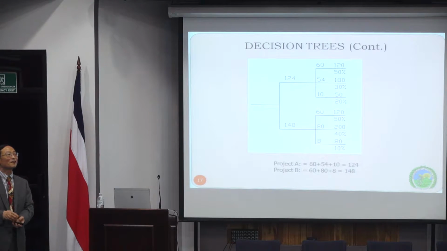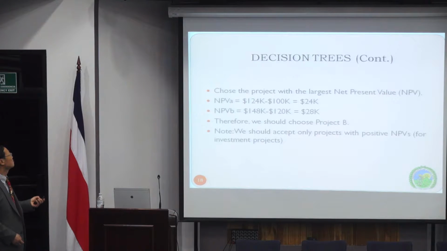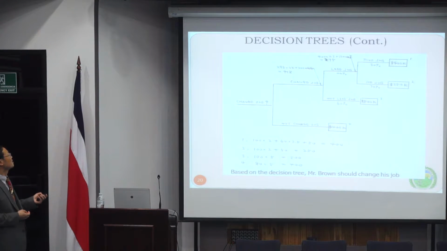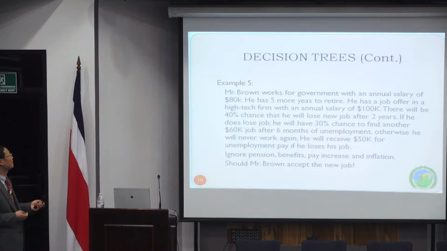Nowadays when we talk about risk management, we have to quantify that, and it has become a science. It's not art anymore. So the decision tree is like that. There are a lot of examples. We probably still have some time, so we can do another example.